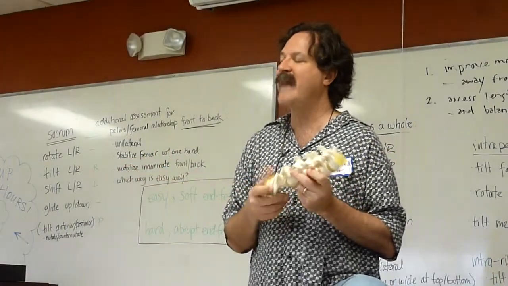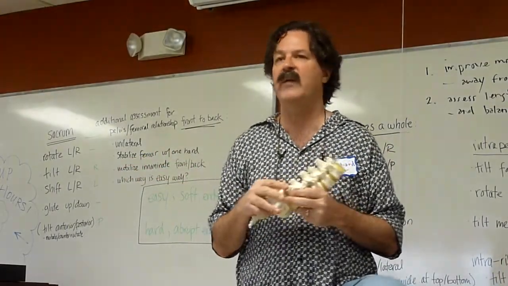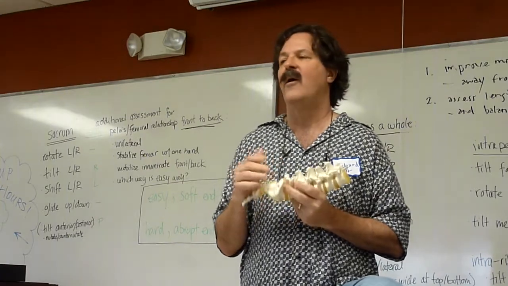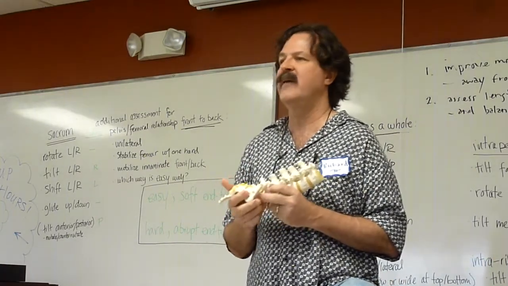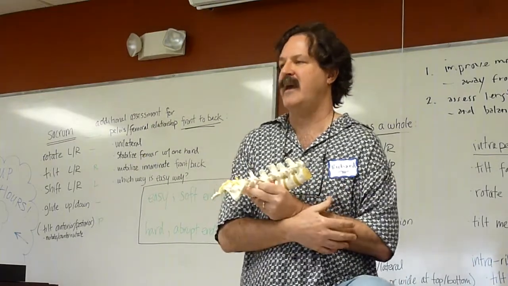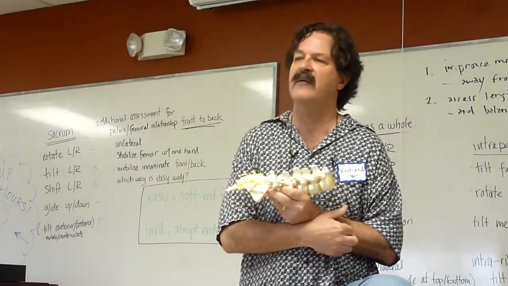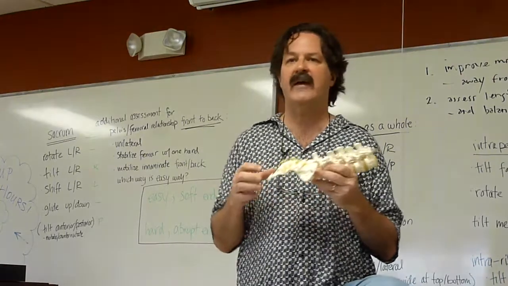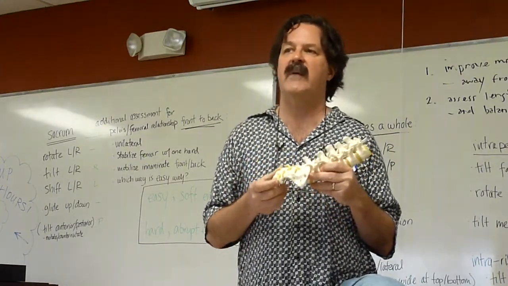So when we assess, when we feel people's spines, all we need to do is check to see, do I detect those things? Do I detect a place in the spine where it feels like it's bending forward too much, bending back too much?